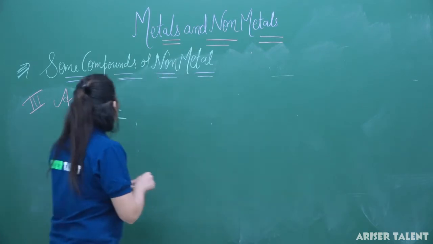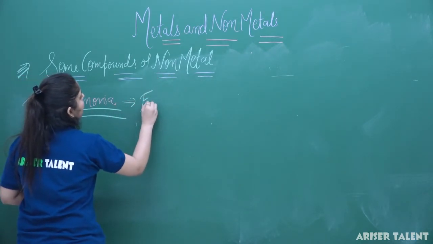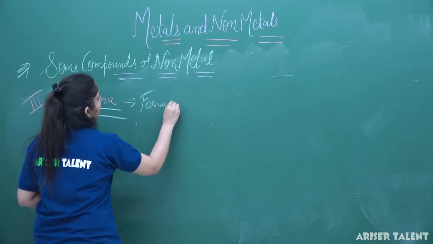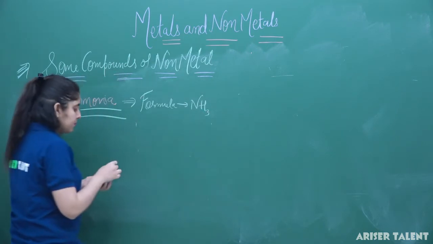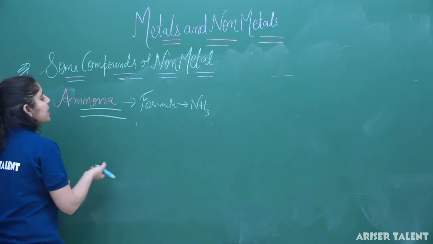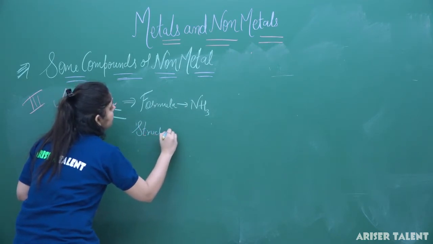So what is the general formula for ammonia? The formula for ammonia is NH3. Now what will be the structural formula for ammonia?